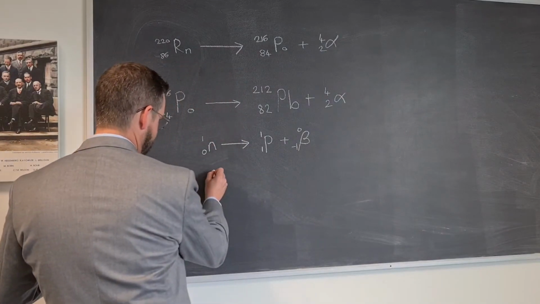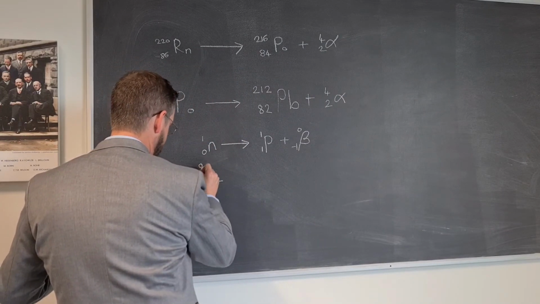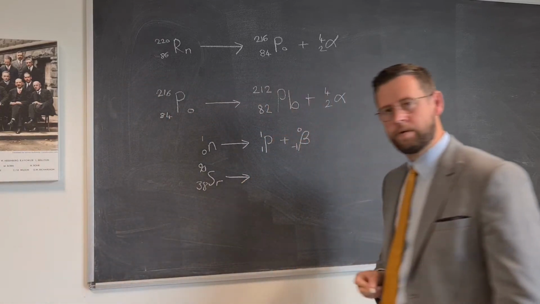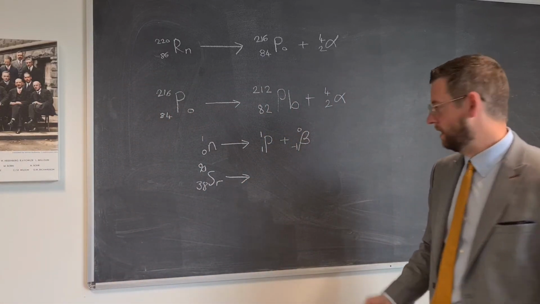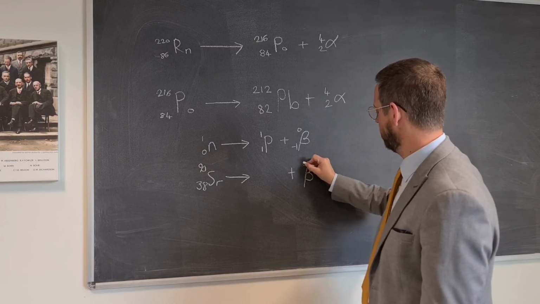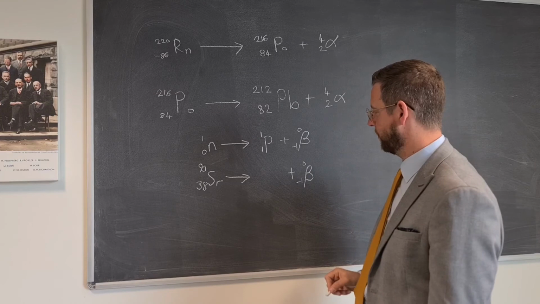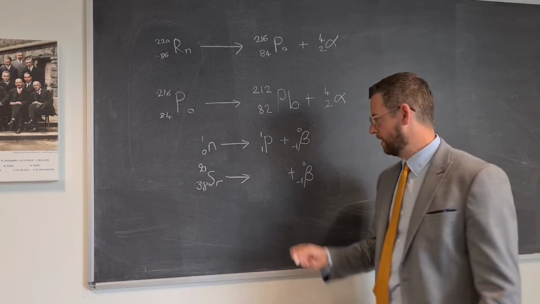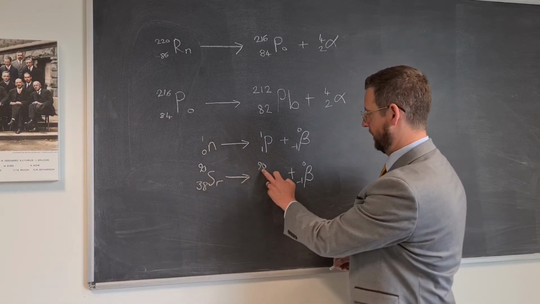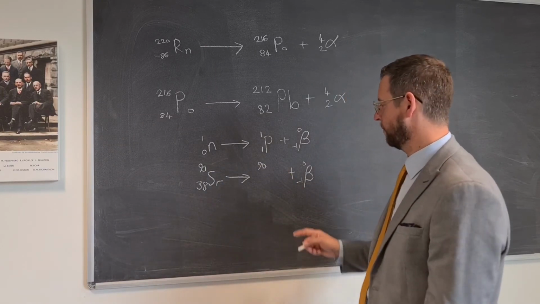So strontium-90 is Sr 90, 38. What's going to happen when it gives off a beta particle? Well, let's draw the beta particle in first. So the beta particle is 0 and -1. So we know that the products of this decay are going to have a mass number of 90 still, because it has to equal 90 on both sides.